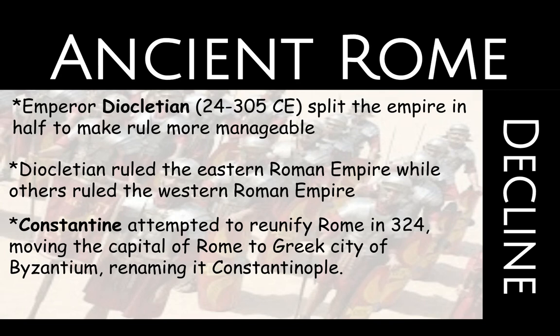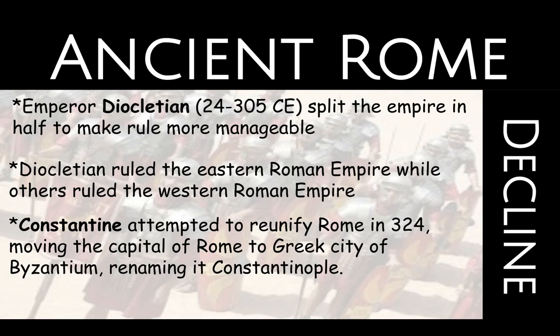Number one, the invasions that were going on in the West were not going on in the East. The East had more money. They had access to trade with Asia. They had access to trade through the Black Sea and the Mediterranean Sea. So money was pouring into the eastern half of the empire.